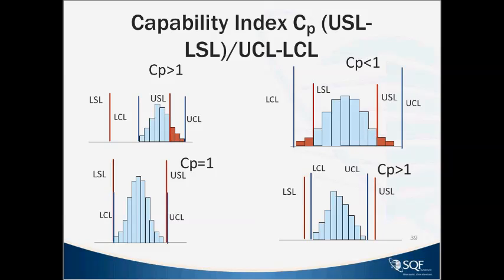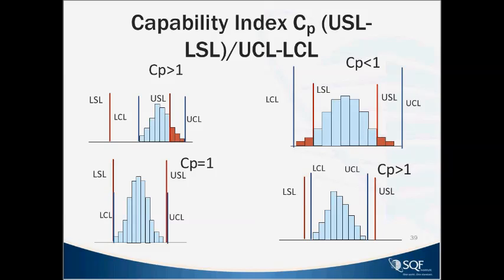In the bottom right-hand corner, where it's greater than 1, the control limits, the difference of the 6 sigma, is less than the goalposts. That would give you a value of greater than 1. So generally speaking, a value of over 1 is good for Cp.